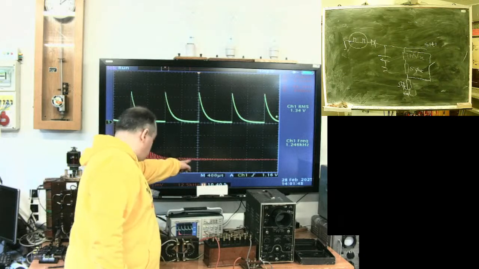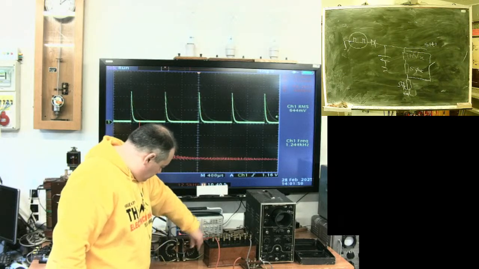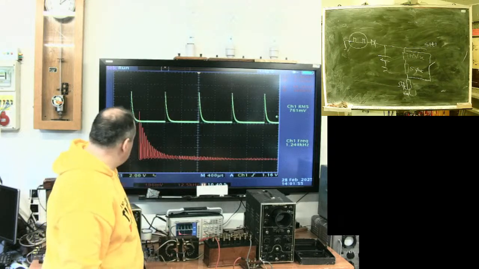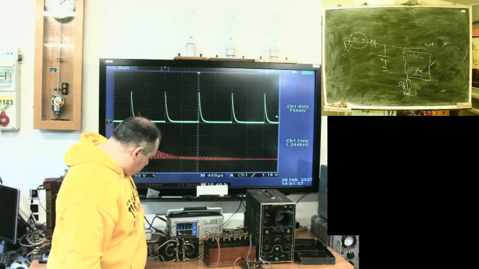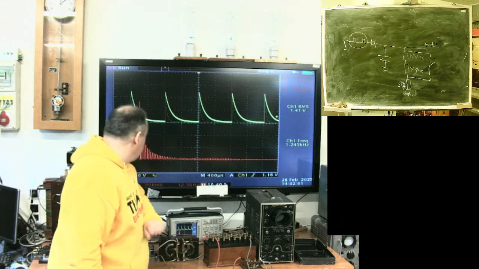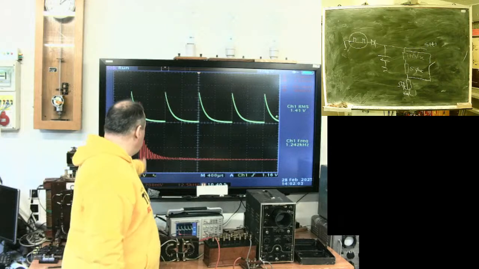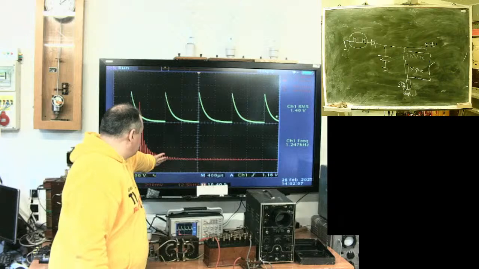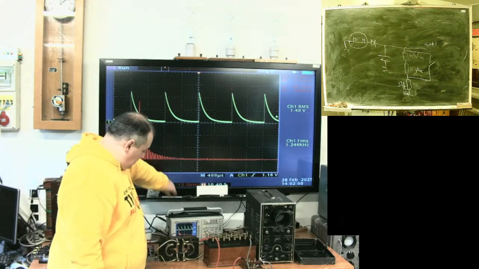Very fast change. Much slower. And you see, energy concentrates in the low frequency area.